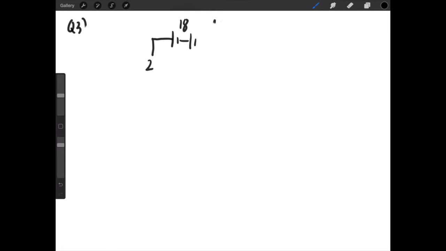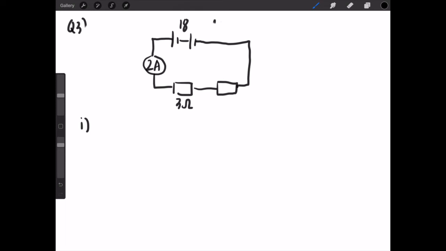We've got 2 amps flowing there, and we've got 2 resistors. We know one is a 3 ohm resistor, and we don't know what the other one is, but we can work this out. So first question, calculate the PD across X.